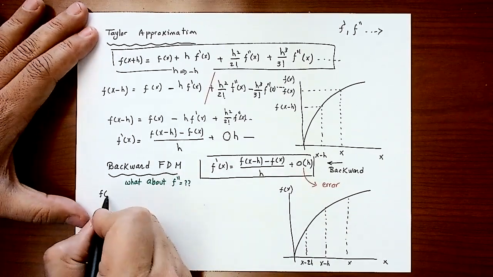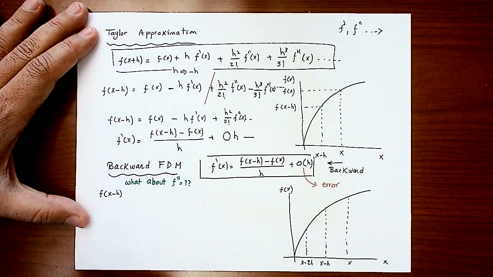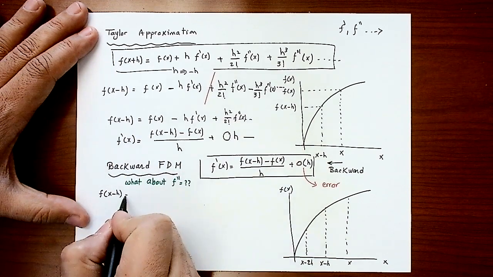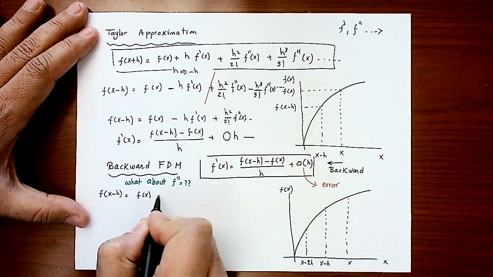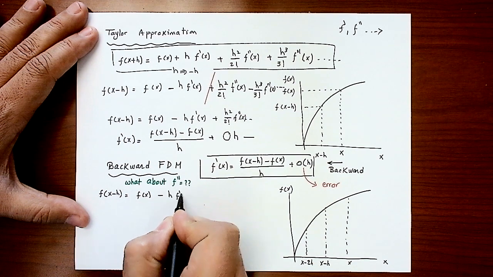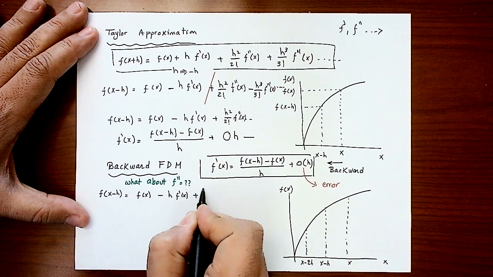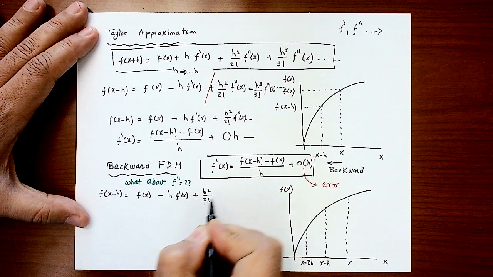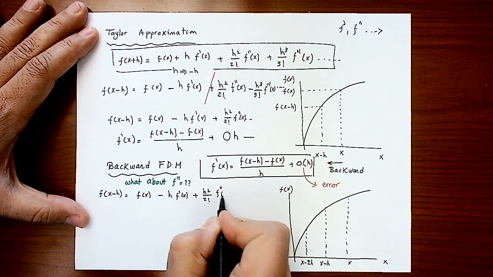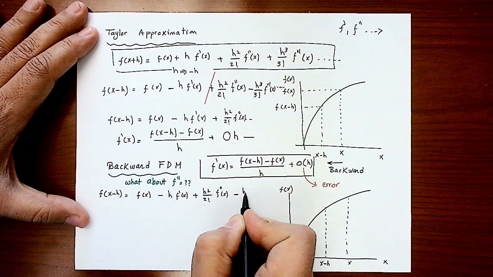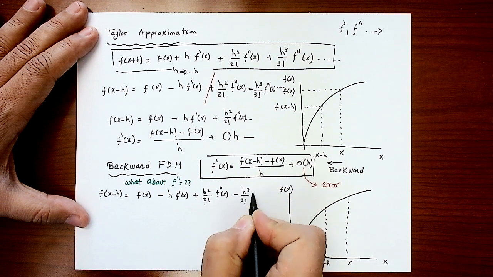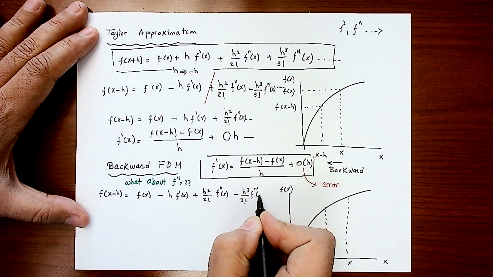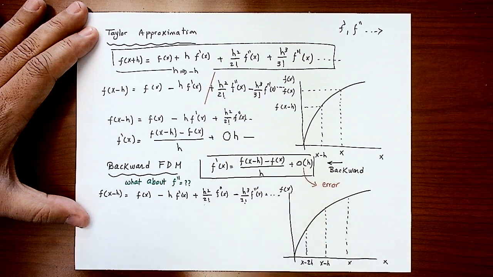So I'm going to get f of x minus h. What you will get out of this equation: f of x minus h equals f of x minus h f prime of x, plus h squared over 2 factorial f double prime of x, minus h cubed over 3 factorial f triple prime of x, plus and so on.